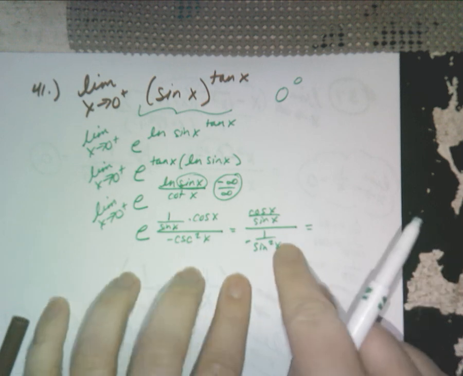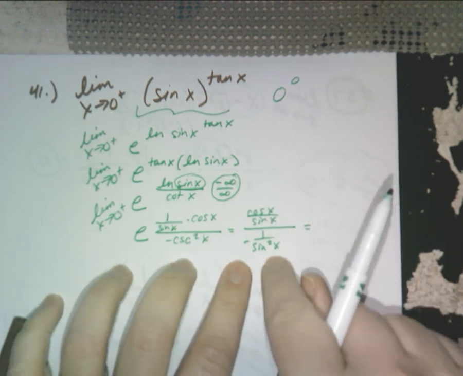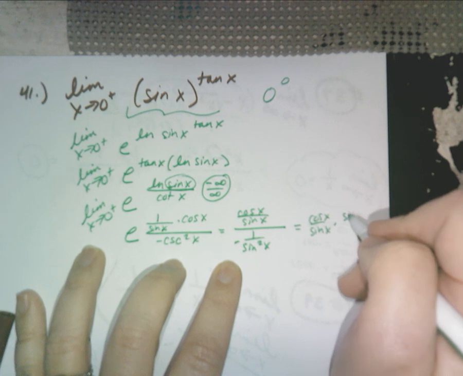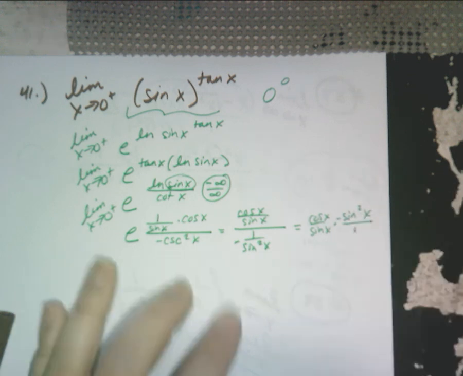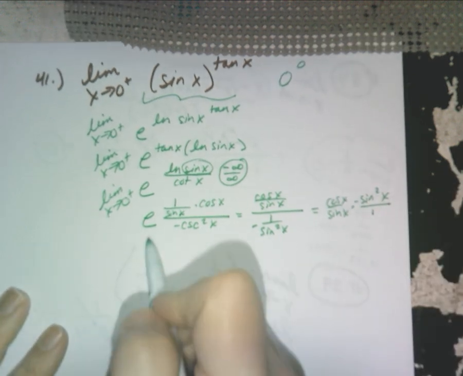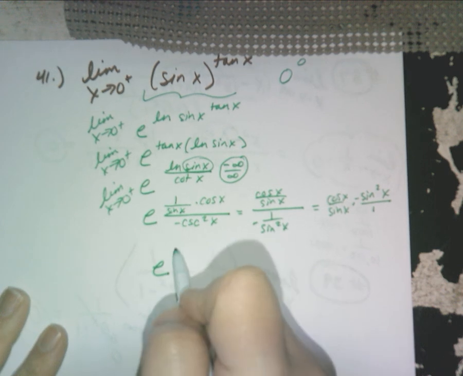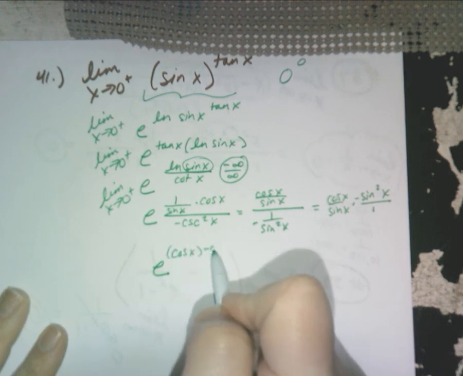Watch what happens. If I do same change flip, do you know what would cancel? And what would you be left with? Sine squared plus cosine squared equals 1. And don't forget there's an e here. So it's e to the cosine x times negative sine x.